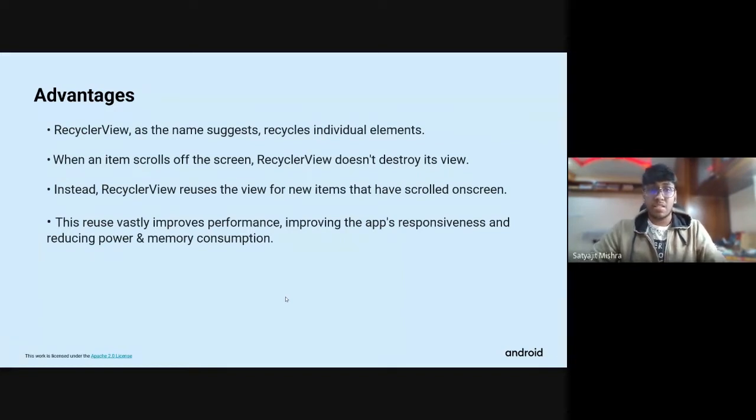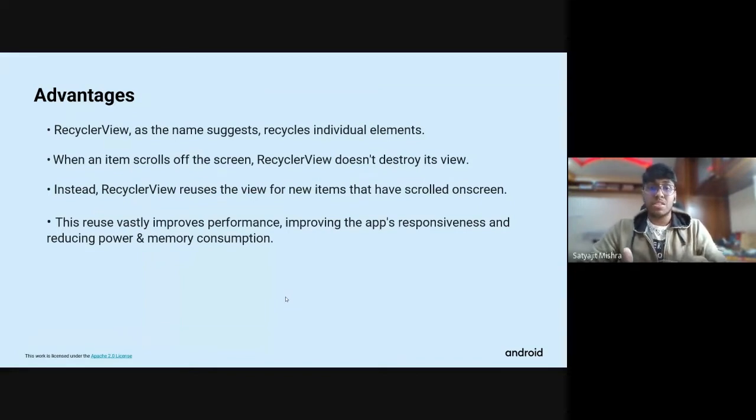Consider an element as each item in your list, how each item in your list looks. Let's say you have an Android device and 10 items are shown at a particular period of time. When you scroll up or down the list, you will see more items below or above it.